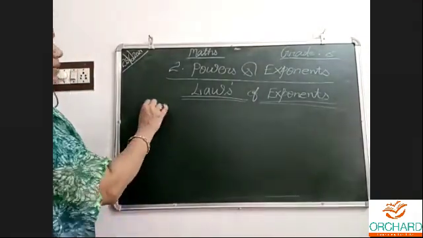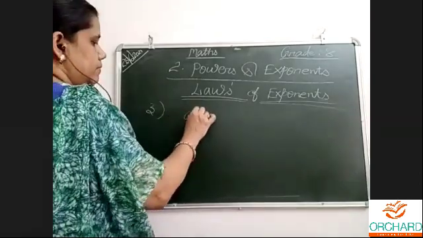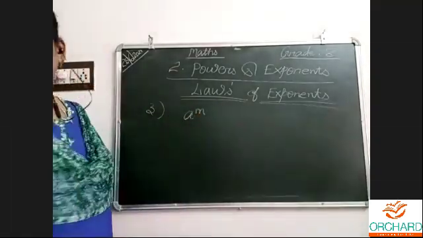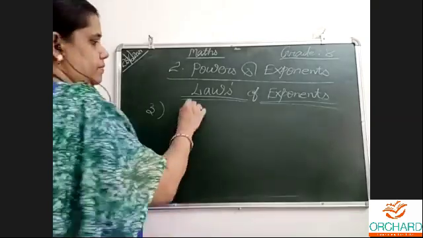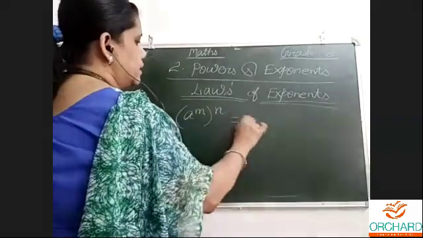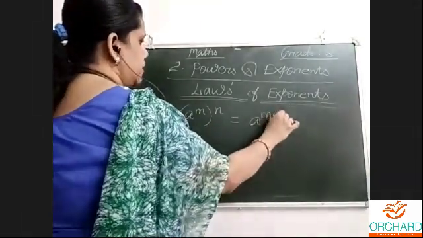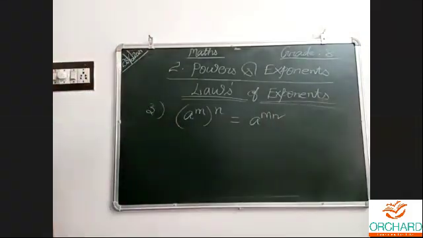Now, the third law. A power m, the whole power n is equal to a power mn.